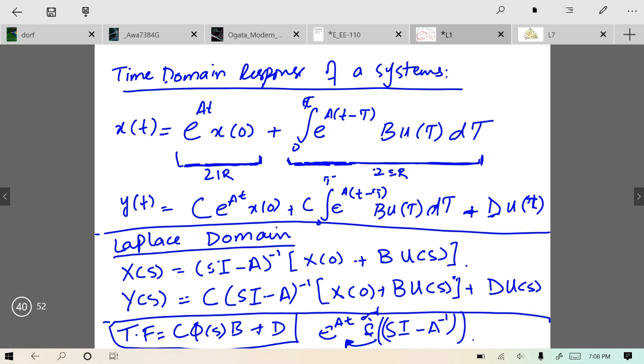These two entities are of very high importance in control systems, because they represent the state transition matrix, and we already have discussed the importance of the state transition matrix. So these are the time domain equations for the response of the system, and then the equations for the Laplace domain response of a system. These are the standard equations.